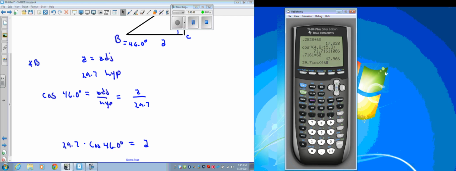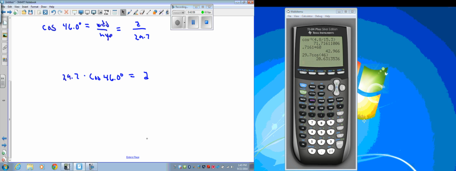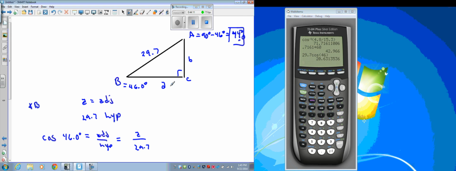I don't have to worry about putting the decimal in there, it'll just calculate it out. So 20.6 would be this.